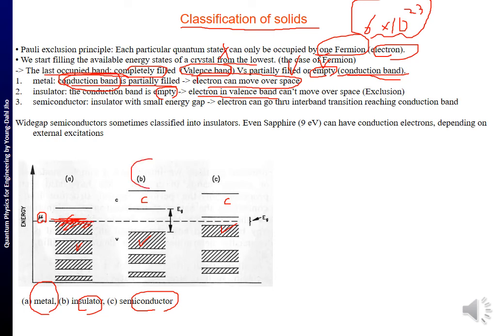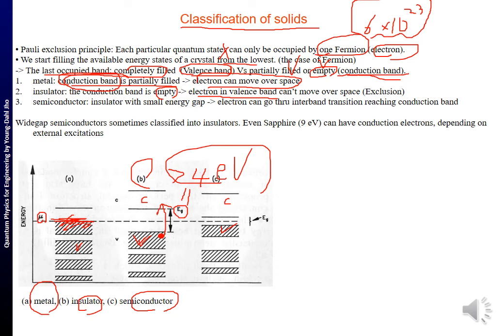In the case of an insulator, the valence band is fully filled, the conduction band is empty, and there's a band gap. The band gap is too large, for example, 4 electron volts or larger, so electrons filling the valence band energy states cannot go into the higher energy states in the conduction band.